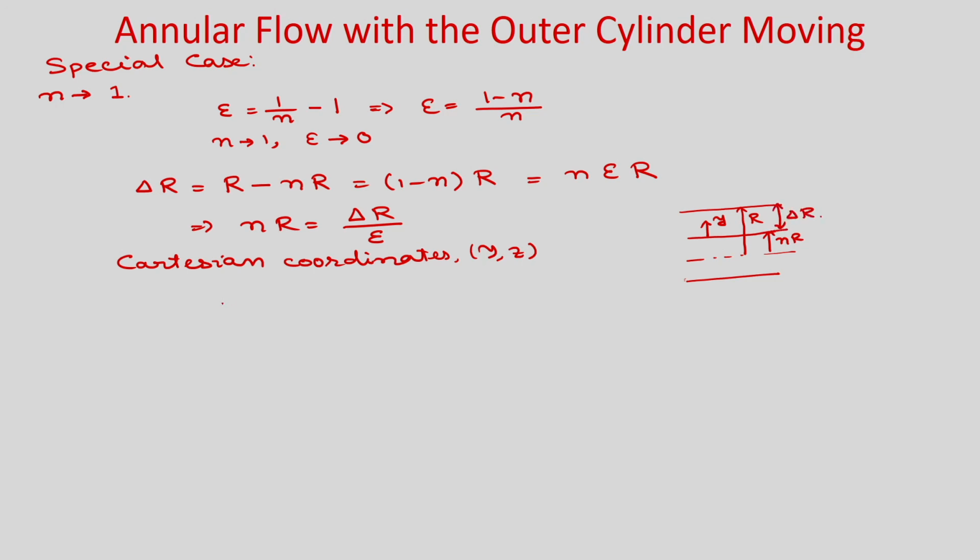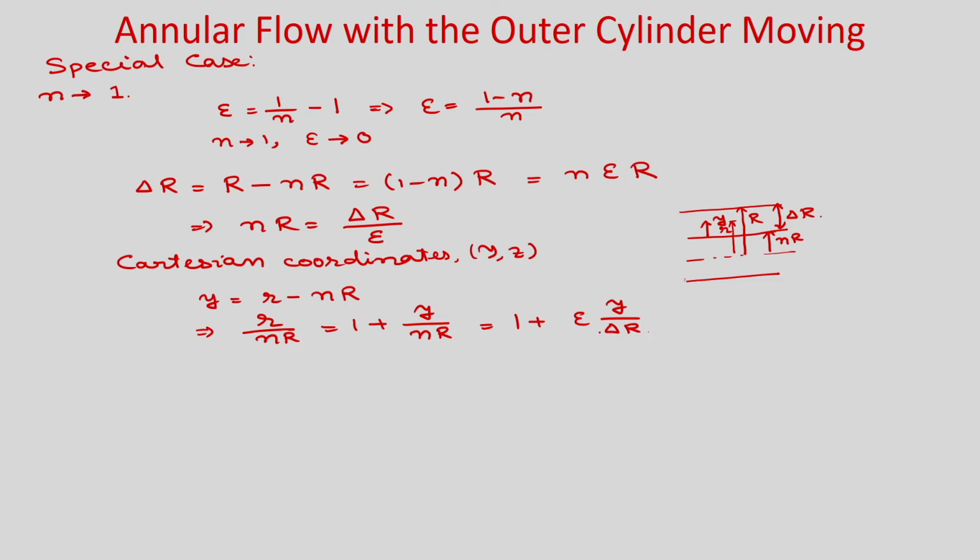So, at any radial location r we can write y is equal to r minus nr, r minus the inner radius. So, you can write r by nr is equal to 1 plus y by nr, and since nr is equal to delta r by epsilon, we can write 1 plus epsilon y by delta r.